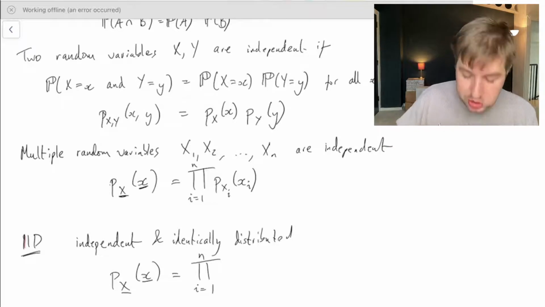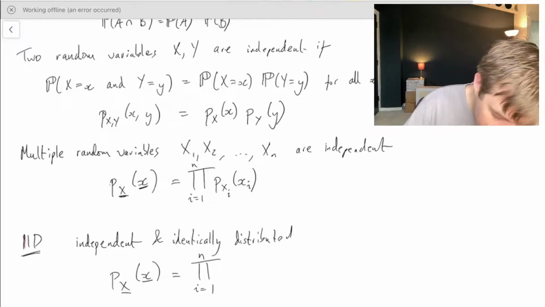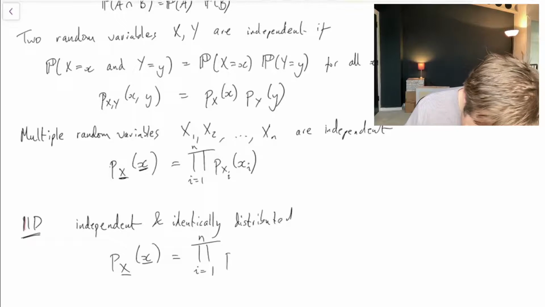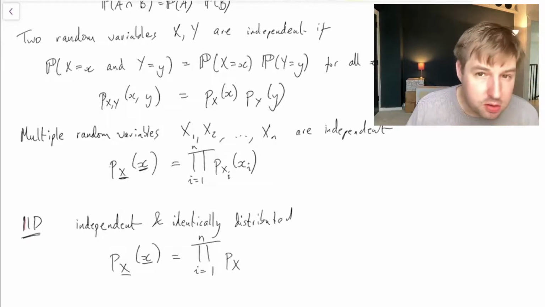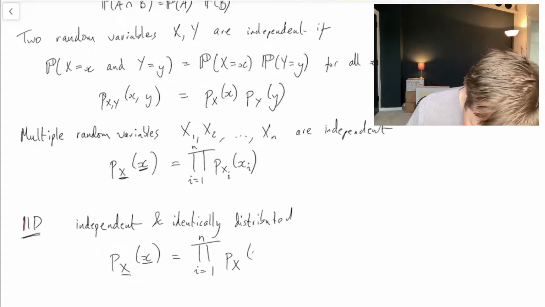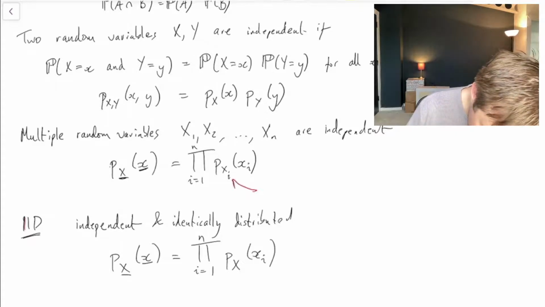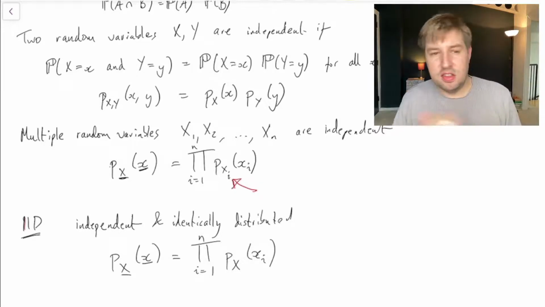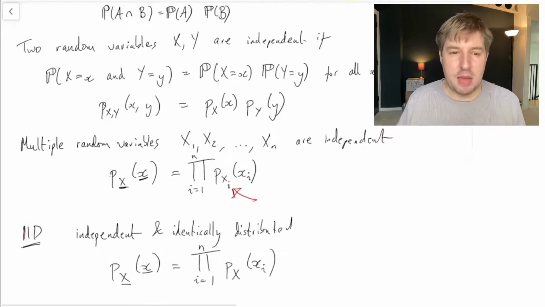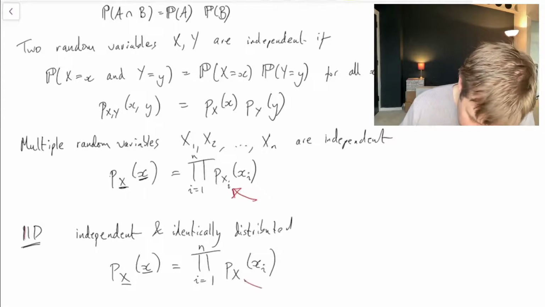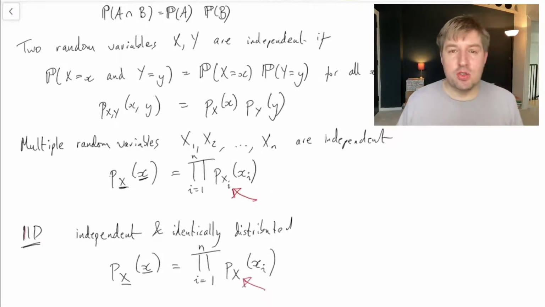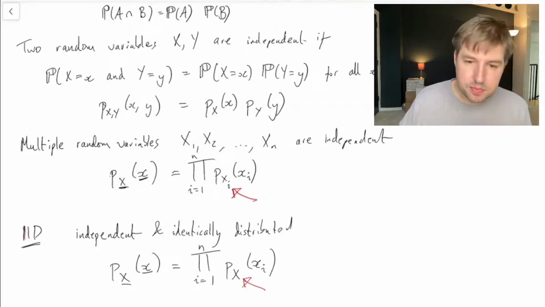But all these marginal probability distributions are the same, so we might call them P_X, but note no subscript i on the X. Compared to up here, where we had the Xi, because in the general definition of independence all the PMFs could be different. Here we just have an X, because all the PMFs are the same, because they're identically distributed, as well as being independent.